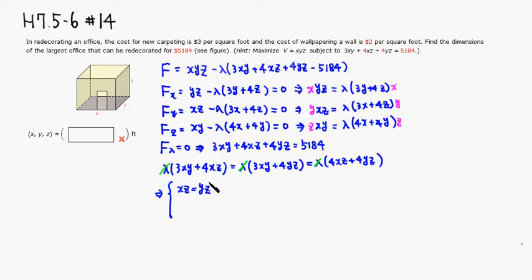Another thing we can do is look at this equation right here. We have 4yz matched up, so we know that 3xy is equal to 4xz.